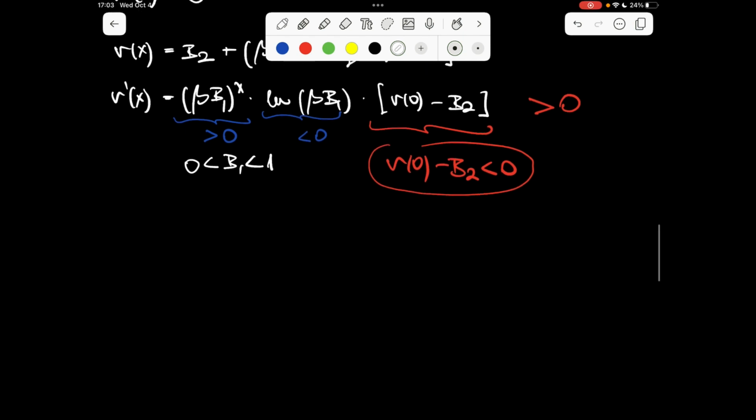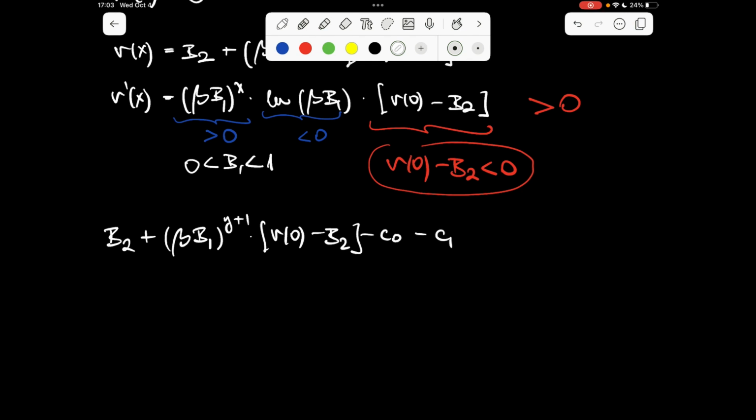Let's try to do the math. So as I have just mentioned, we increased the order size by 1 unit, and we want to calculate its consequence, the difference.